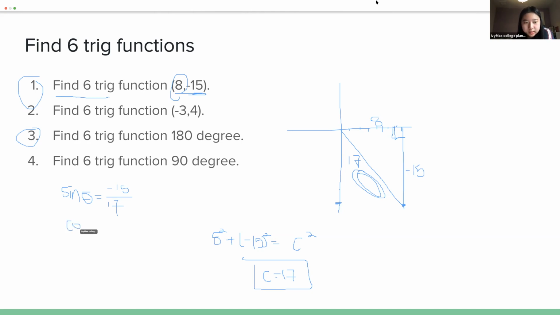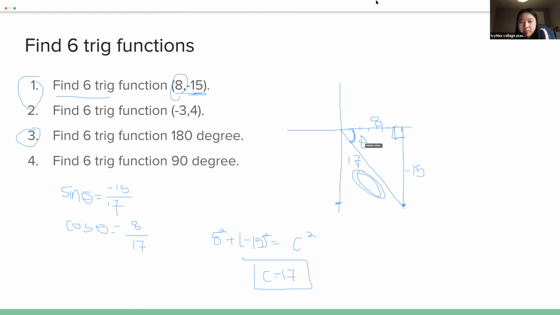Cosine theta is 8 over 17, adjacent over hypotenuse. For the angle, you always do it right here. So here is your theta angle.